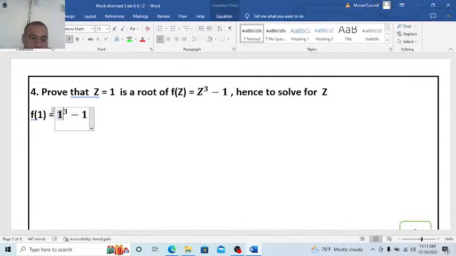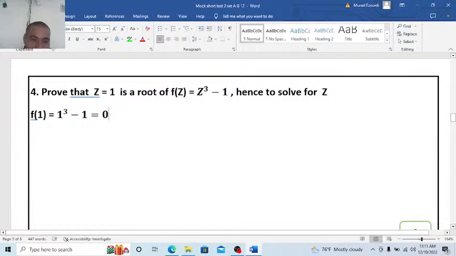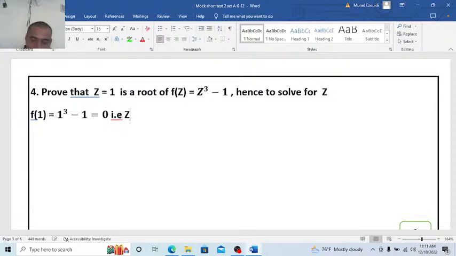minus 1, which is in fact equal to 0. Therefore, z equal 1 is a root of f of z.